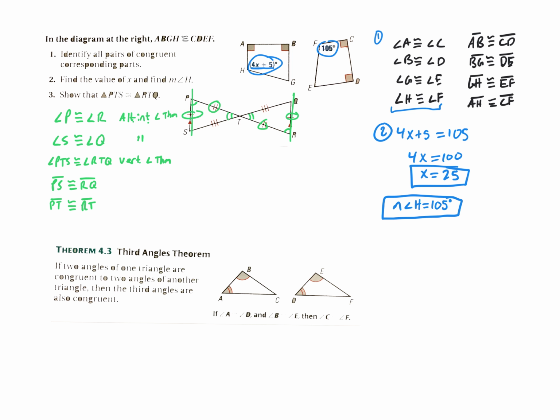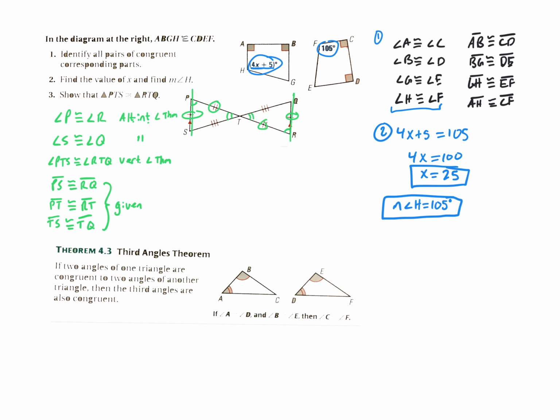And then I know that TS is congruent to TQ. And all of these are given. And then I've just shown all the angles are the same, all the side lengths are the same, therefore they are congruent.